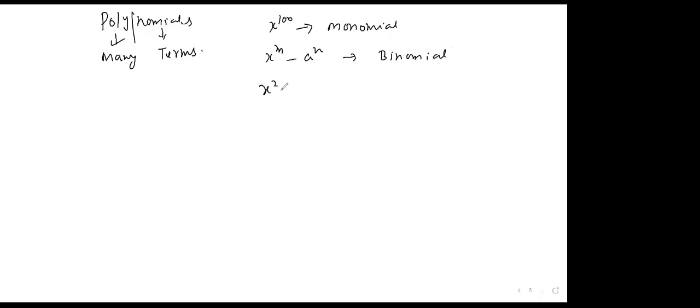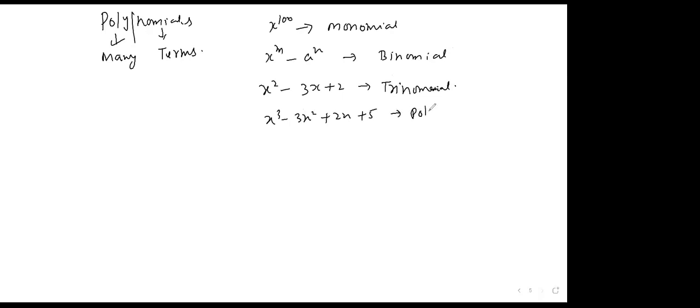And if we have x square minus 3x plus 2, how many terms are there? 3. Yeah, 3 terms are there. So this can be said to be a trinomial. And then 4 is quadrinomial. And suppose we have x cube minus 3x squared plus 2x plus 5.